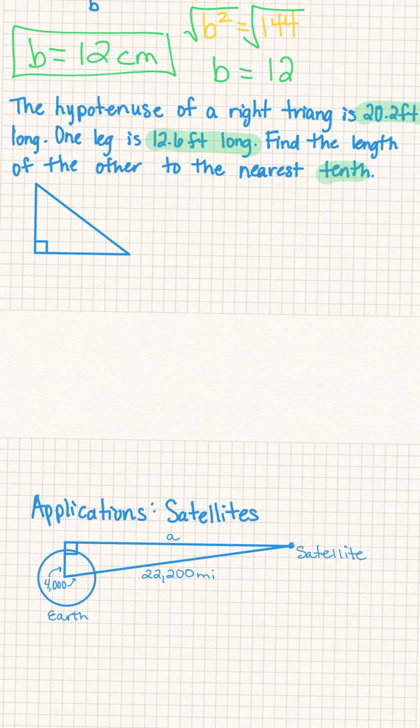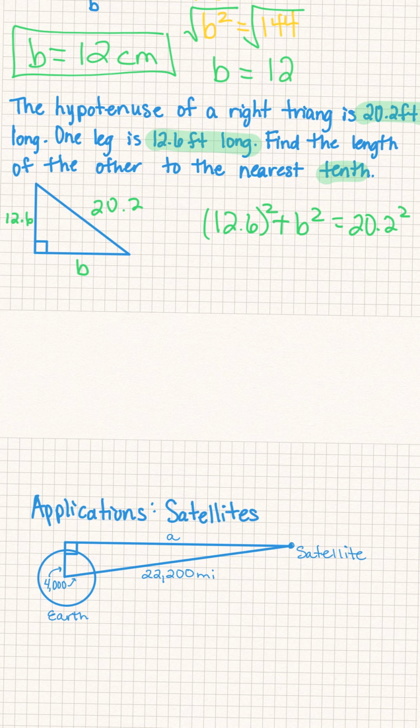The hypotenuse is 20.2. One leg is 12.6. Let's put that in an equation: 12.6 squared. You don't really have to use parentheses. Equals 20.2 squared.